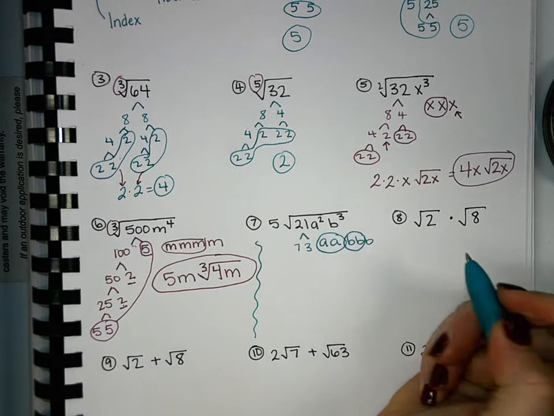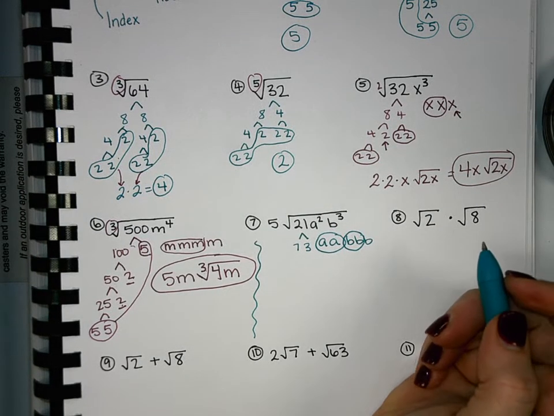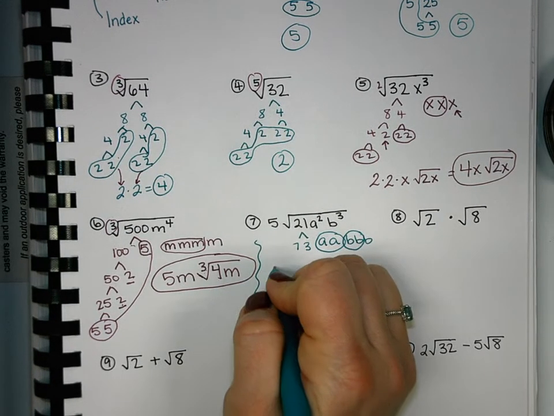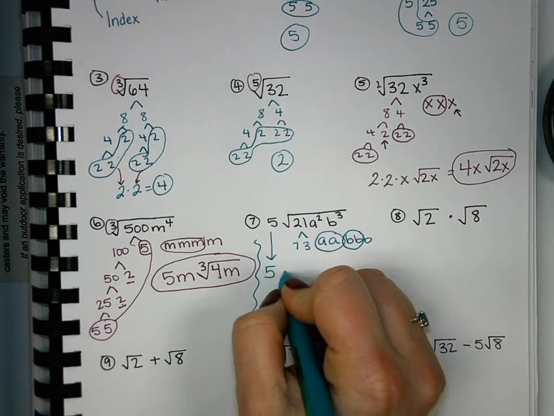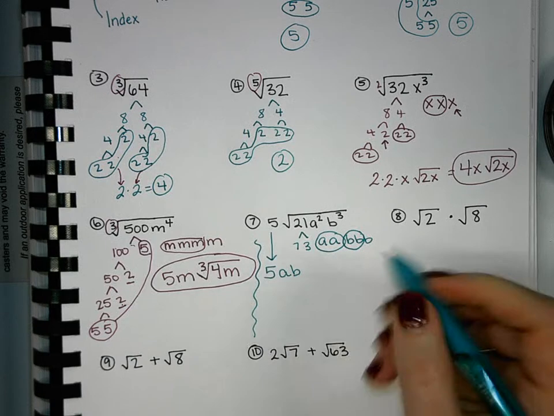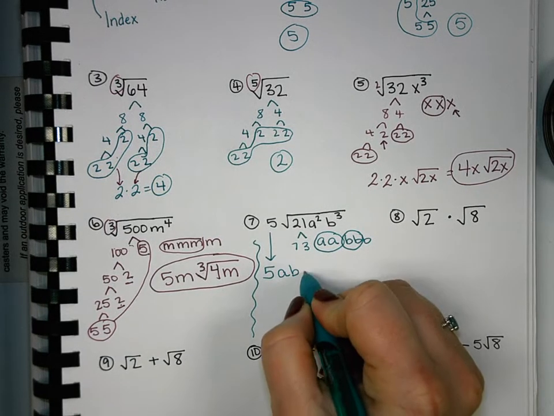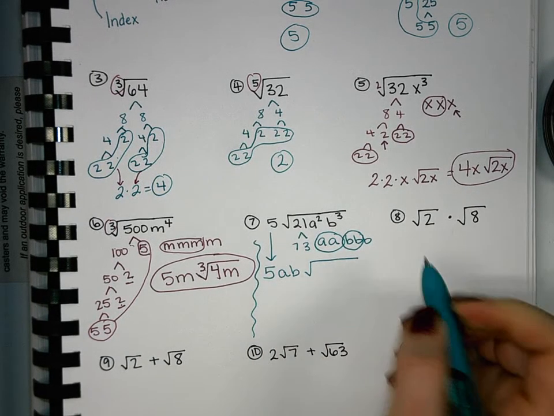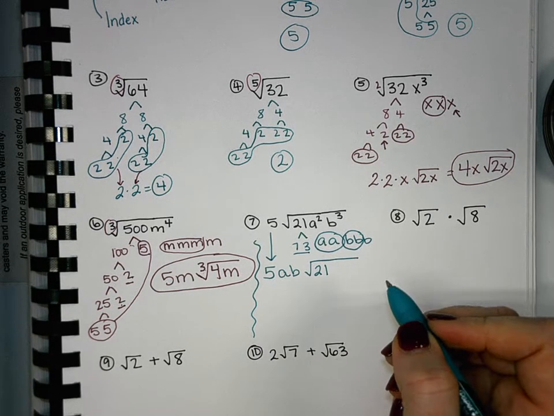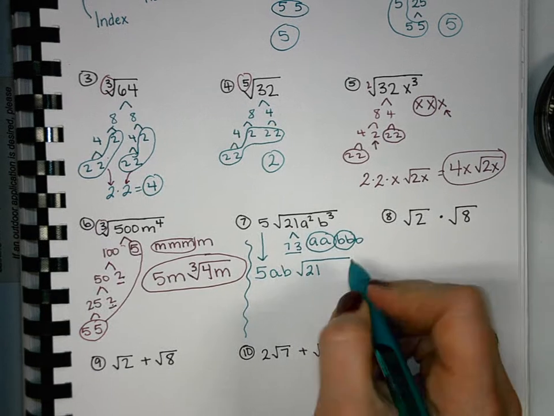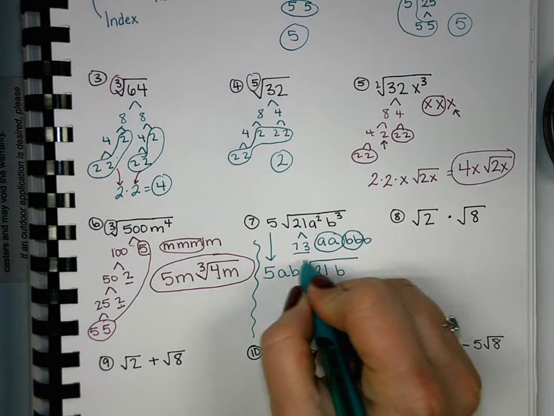Any numbers? No, and that's okay. So the 5 is going to already be out there, so I just bring that down. I can put an A and a B outside as well. And then what was left over? 7 times 3, so we multiply those back together. And then a B. And that would be your final answer.